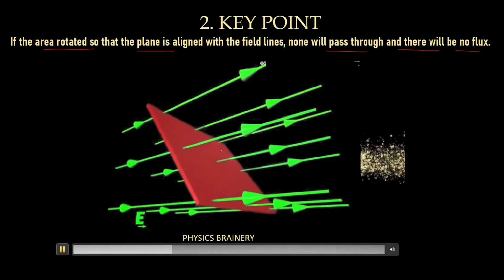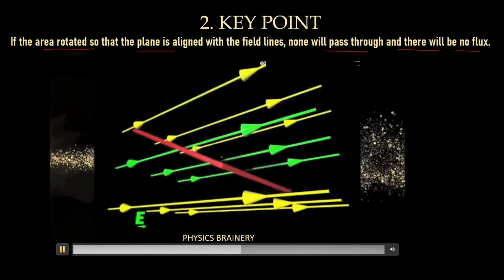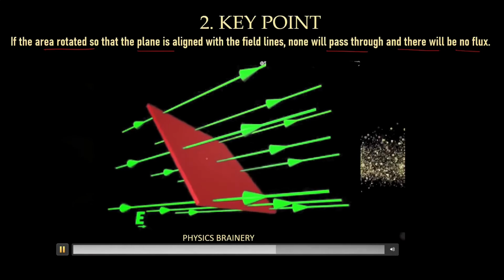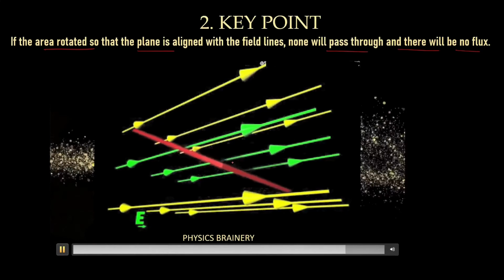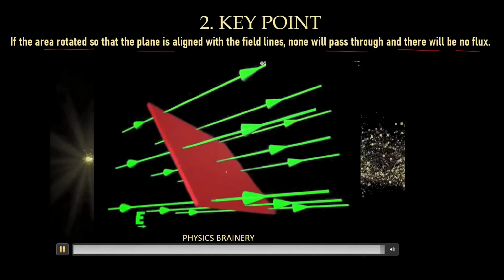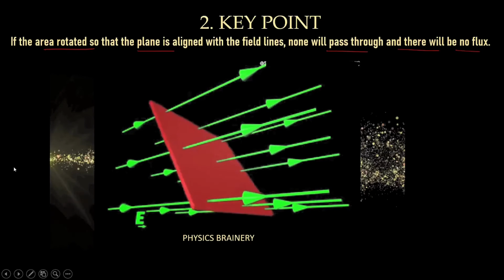Now if it is inclined perpendicular to the field lines, all the field lines will be crossing the given area. That is how the amount of electric field lines crossing the area depends on the plane of rotation, and hence the flux associated also depends on the rotation of the figure. So whenever the plane is perpendicular to the given field lines, the flux is maximum. If the plane is aligned along the field lines, no field line will be passing, and there will be no flux associated with it.